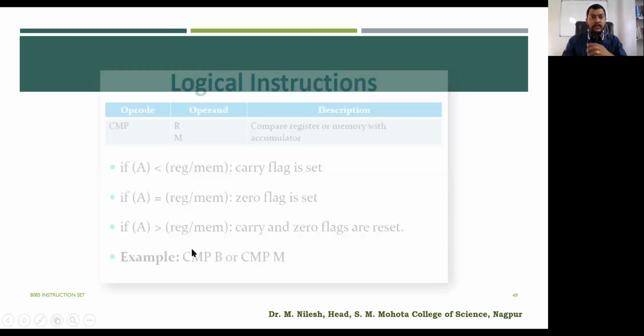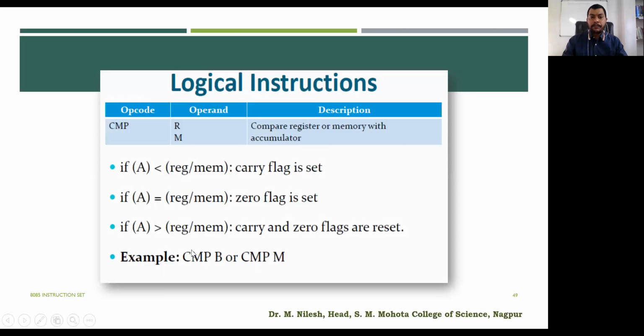Then we have the second part of the compare instruction. This is the same instruction that I'm showing you. If the contents of the accumulator are less than the contents of register or memory, then the carry flag is set. Set means it is 1, and reset means it is 0.